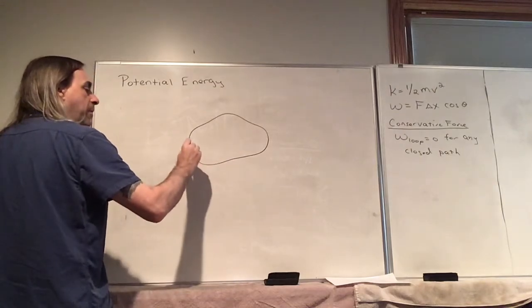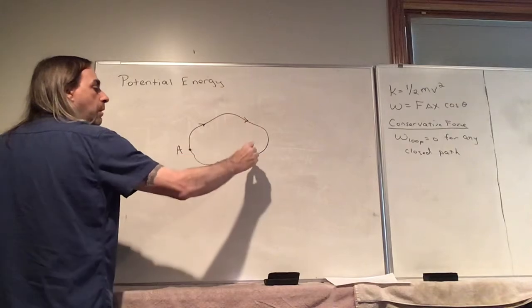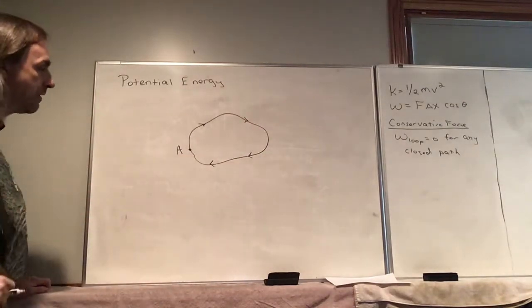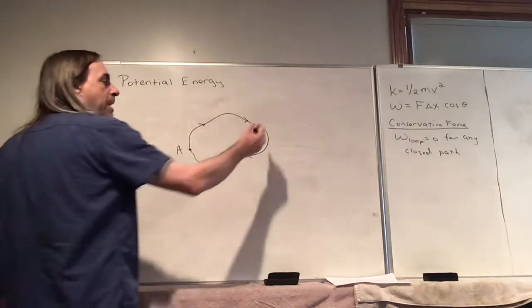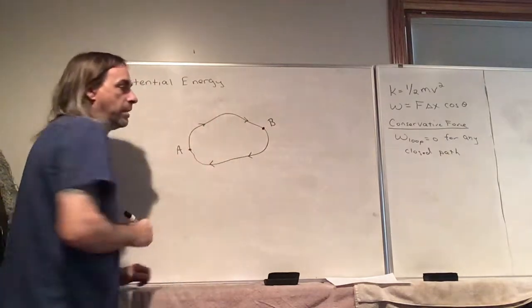We have some path, let's say we start at point A and go around the loop. I can definitely say that the work along this path is 0. Now let's say B is any other point on this path.